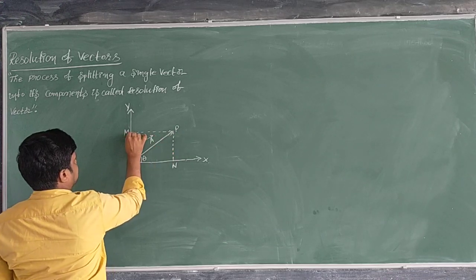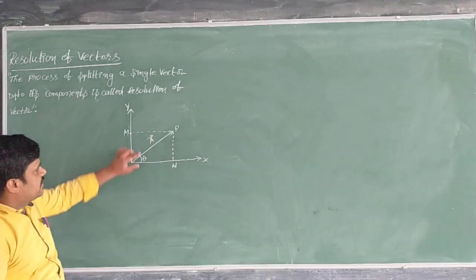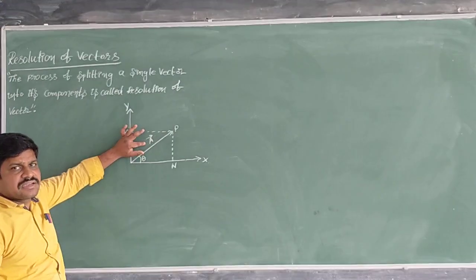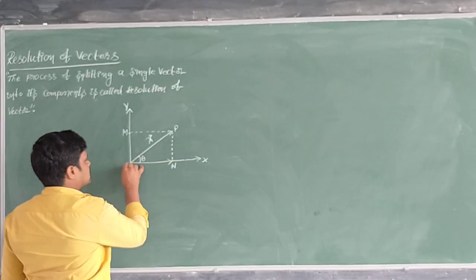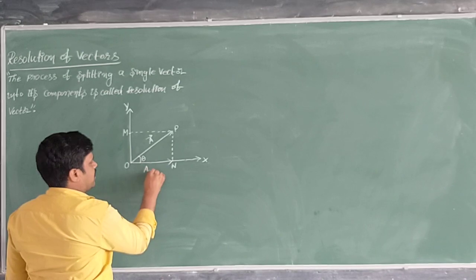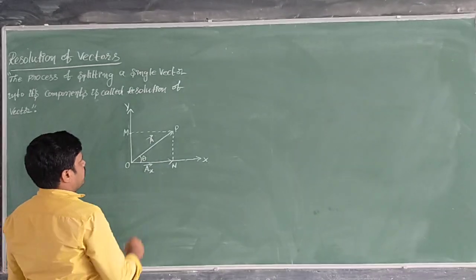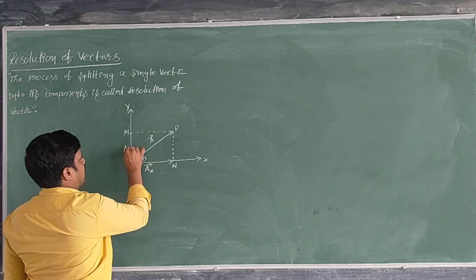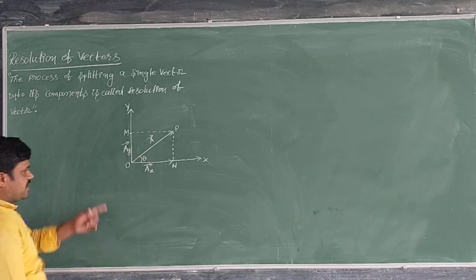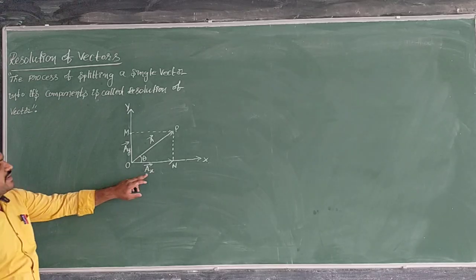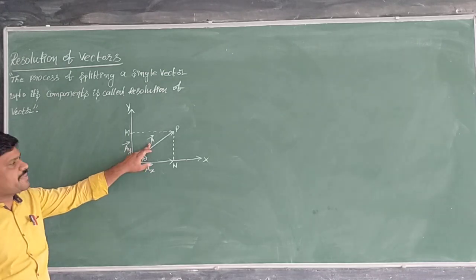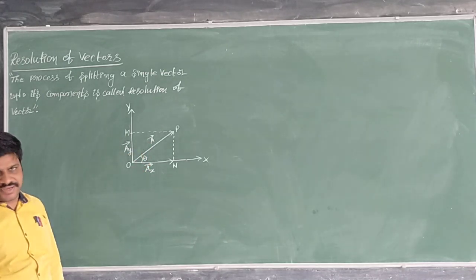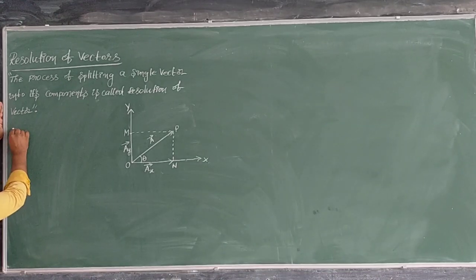Here a bar's effect along the x-axis plus vector a bar's effect along the y-axis, like this we can do, where ax and ay are the components of the given vector a bar along the x and y directions.